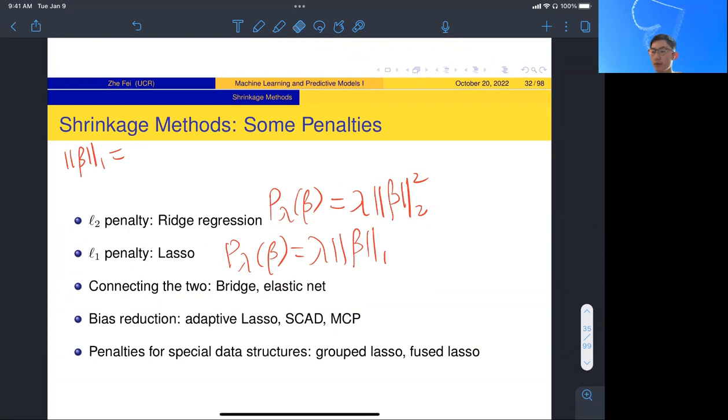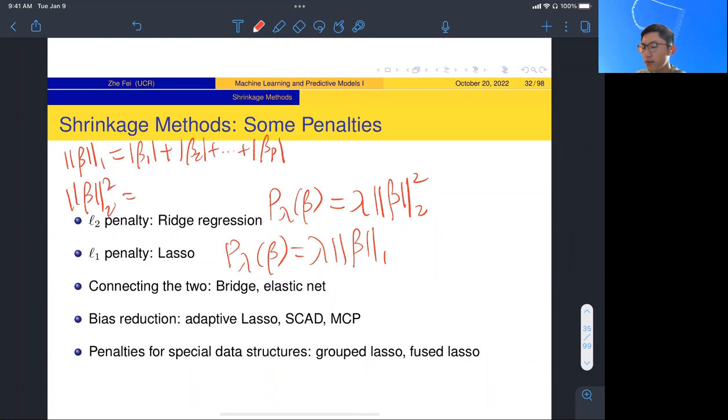The L1 norm simply means you take the summation of the absolute values of beta 1 through beta p. And the L2 norm is basically the summation of the squared terms: beta 1 squared, beta 2 squared, all the way to beta p squared.